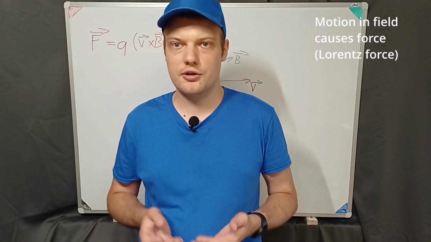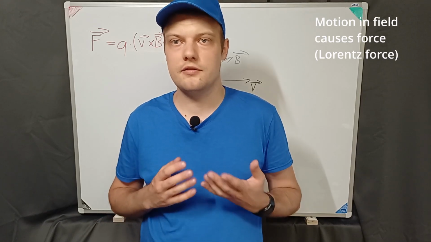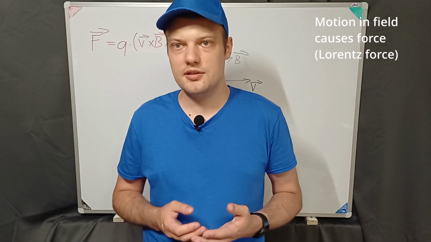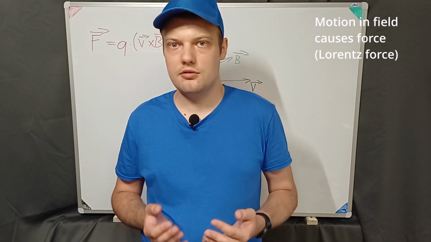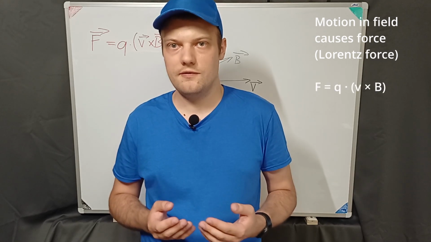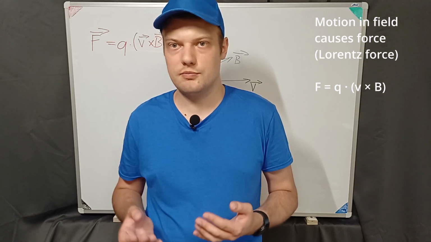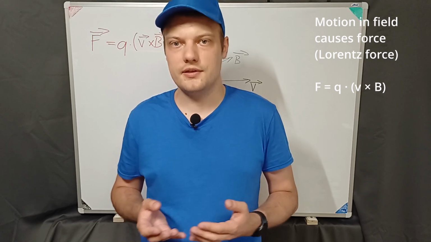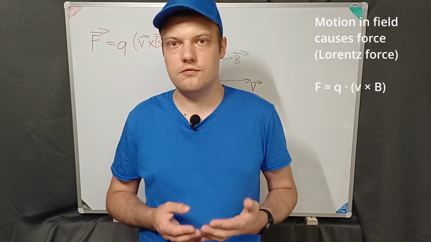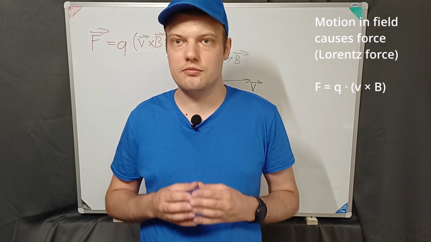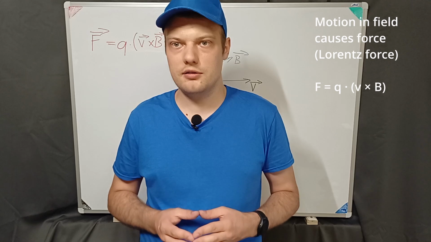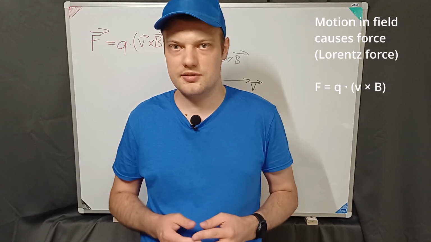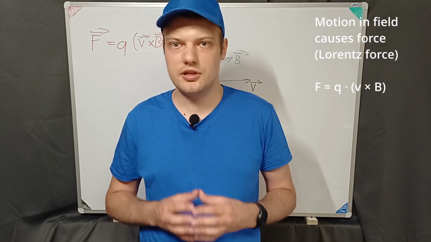When a charged particle moves through a magnetic field, it experiences a force. That's the Lorentz force. It's defined as the vector cross product of the particle's velocity and the magnetic field. The result is a force that's perpendicular to both. So while the particle's speed stays the same, its direction changes.